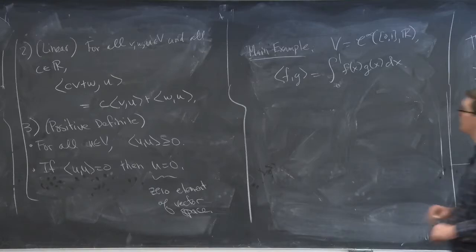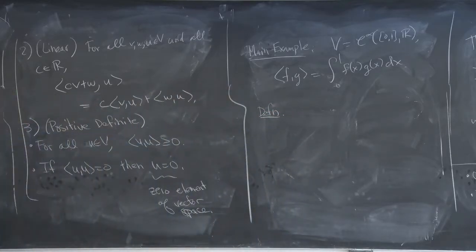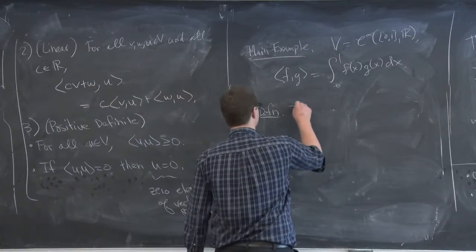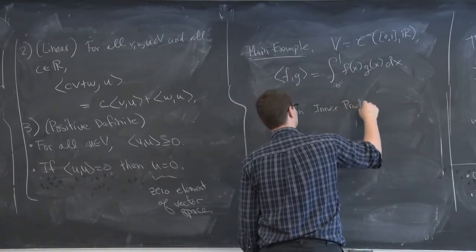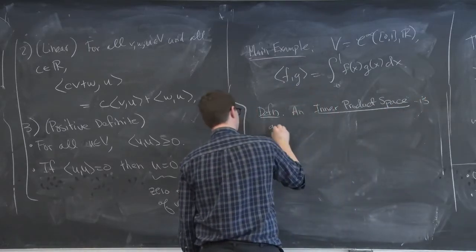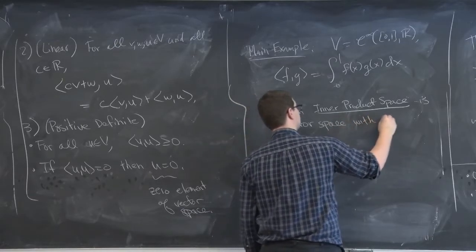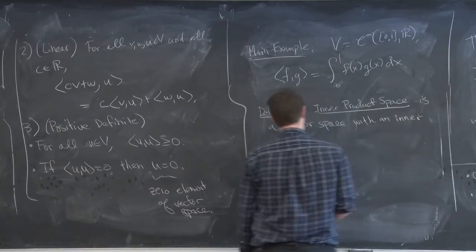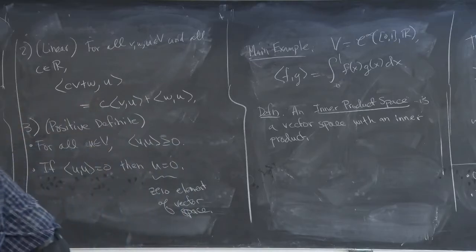So definitions. An inner product space is a vector space with an inner product. Let me give you another definition.